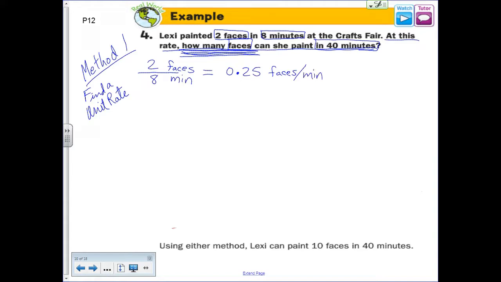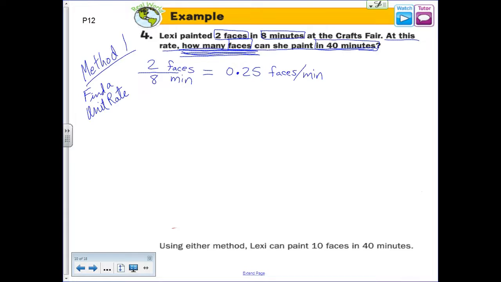In other words, she can't get a whole face done in 1 minute. She gets a fourth of a face, or 0.25 faces done per minute. So then I'm going to have to take that and find out what that would be for 40 minutes.